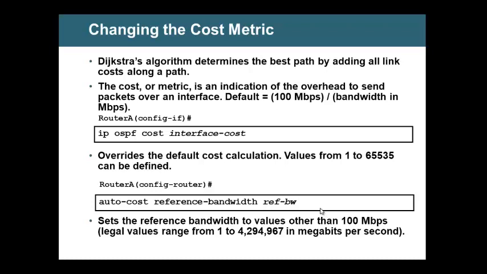OSPF is quite an old protocol. When OSPF was developed, 100 megabits per second links were not common. According to the developers in those days, reaching 100 Mbps was like an unreachable destination.